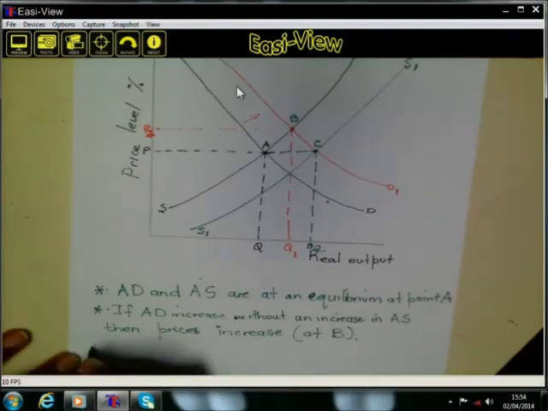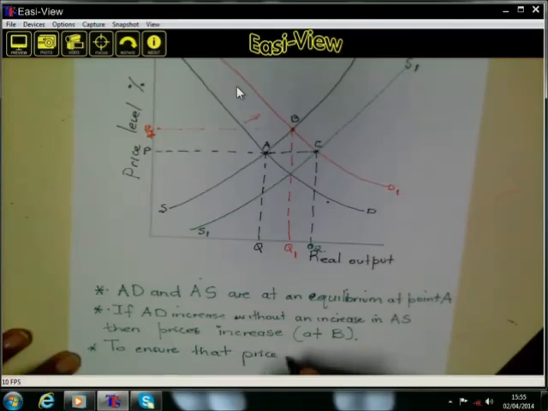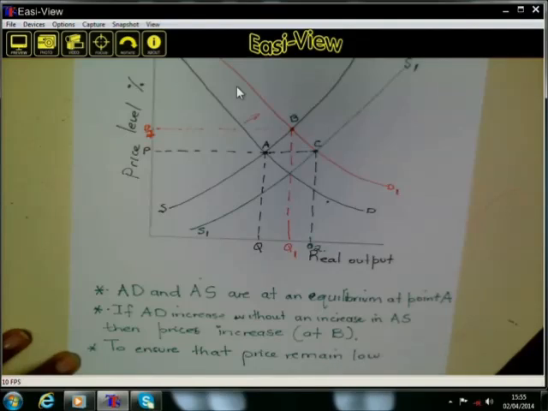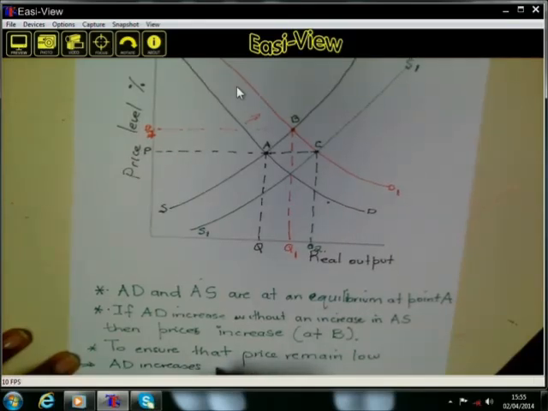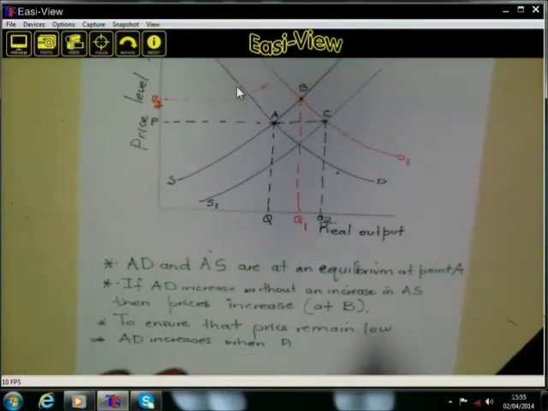So now to ensure that prices remain low, it means that aggregate supply must increase when aggregate demand increases.